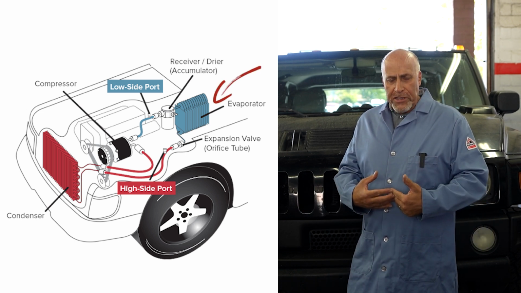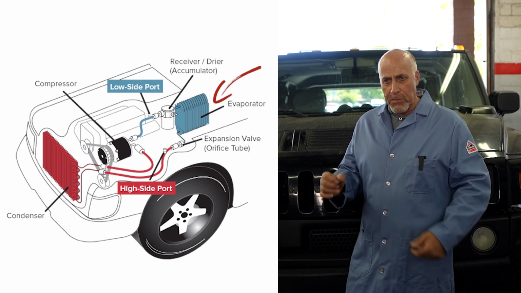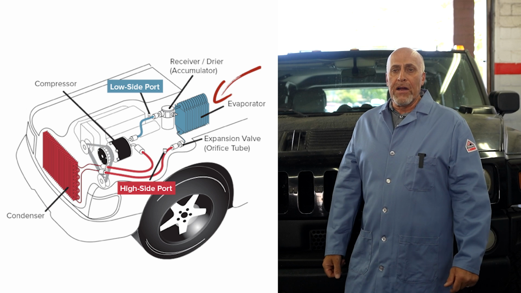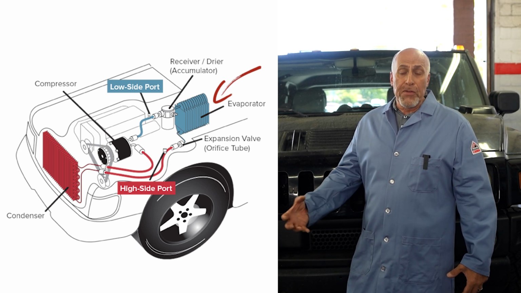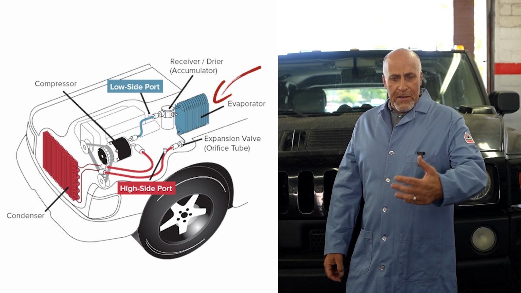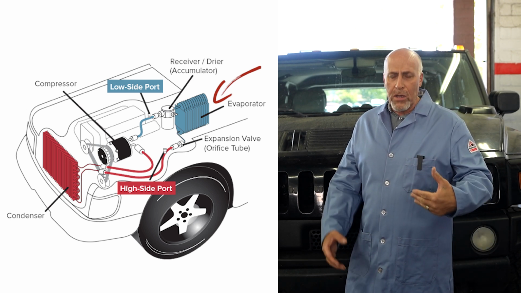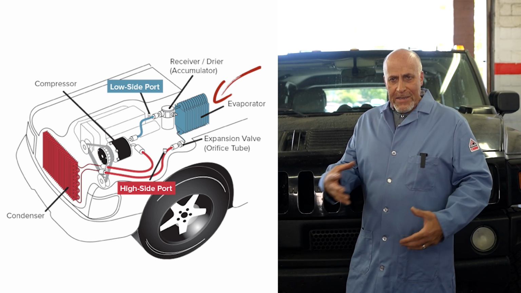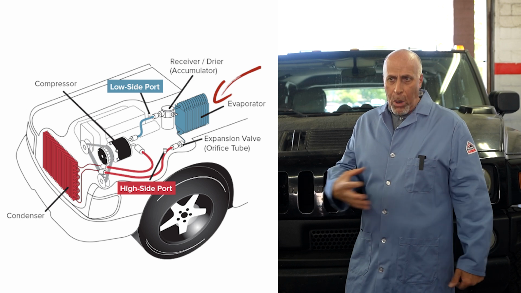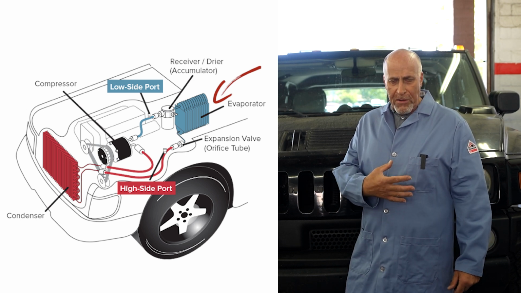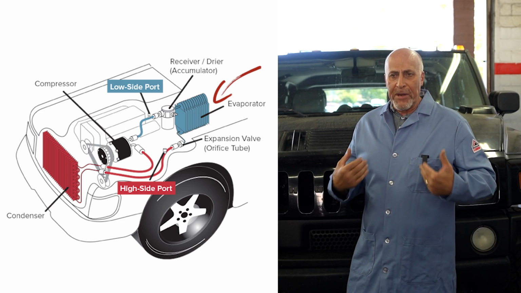When the refrigerant is inside that evaporator, the blower motor inside your dashboard, the fan motor that you hear when you're in your car and you have your AC running, is blowing air through the evaporator. So it's taking the cold that's created by the refrigerant and blowing it in the form of air that comes out of your vents. And that is what you feel as cool air coming out of your vents.